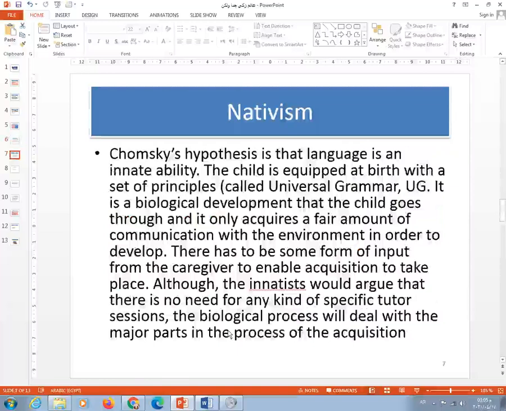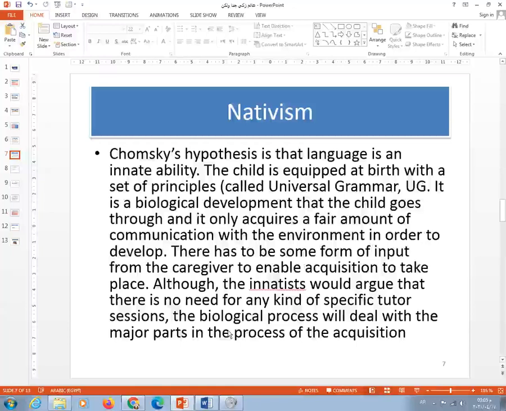Chomsky said that the child's language and the miraculous development of the child's language show that it cannot be attributed to what the child is hearing or receiving from the surrounding environment, because what it's receiving is too poor to provide such a miraculous production of language on the part of children, and he called this the poverty of the stimulus.